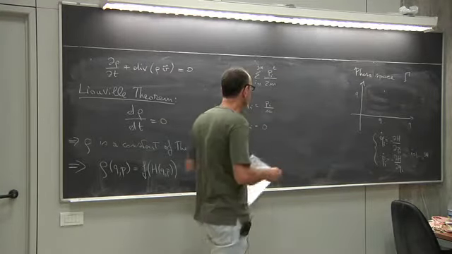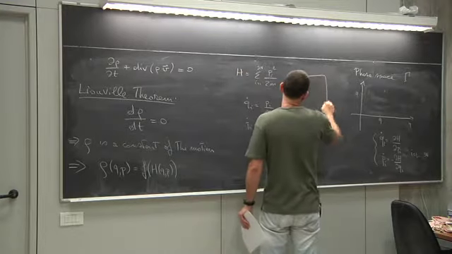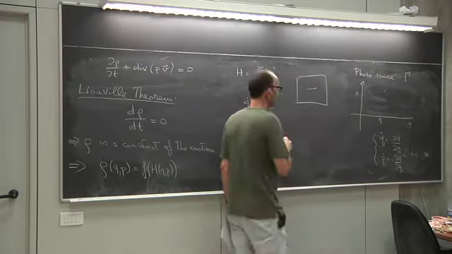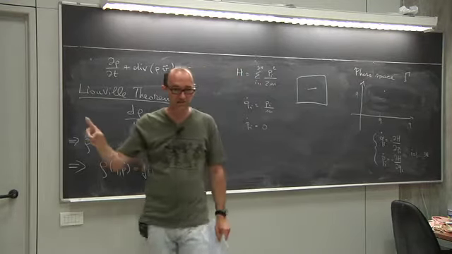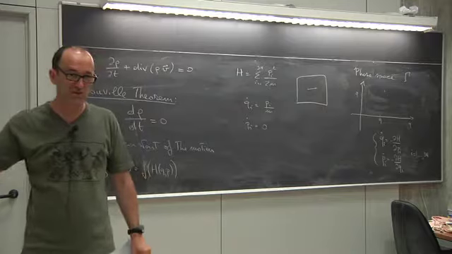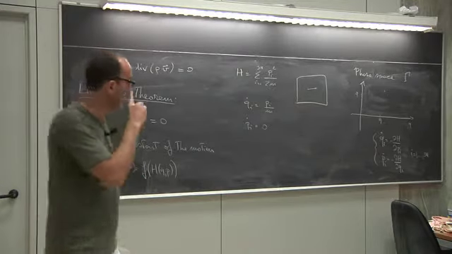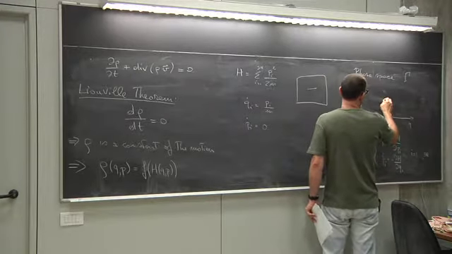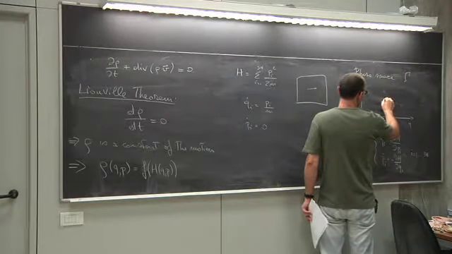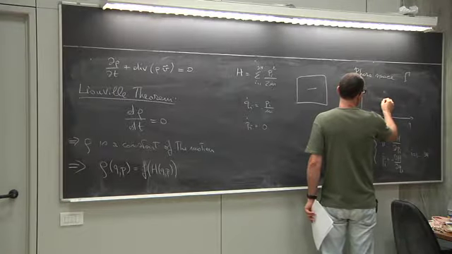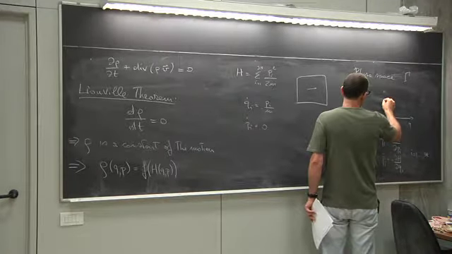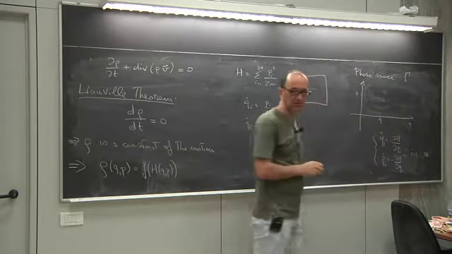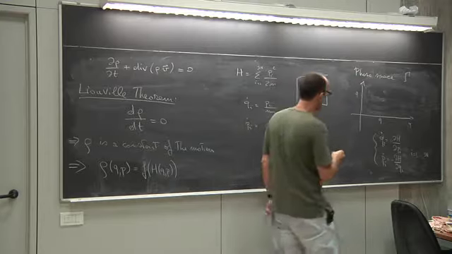Actually, you have to consider the real gas. The real gas is in a box. If there is a particle which moves with a certain momentum p, it will hit the wall and then go back. So if your system is at this point here with a certain momentum p, then it will jump to a point which is down here.